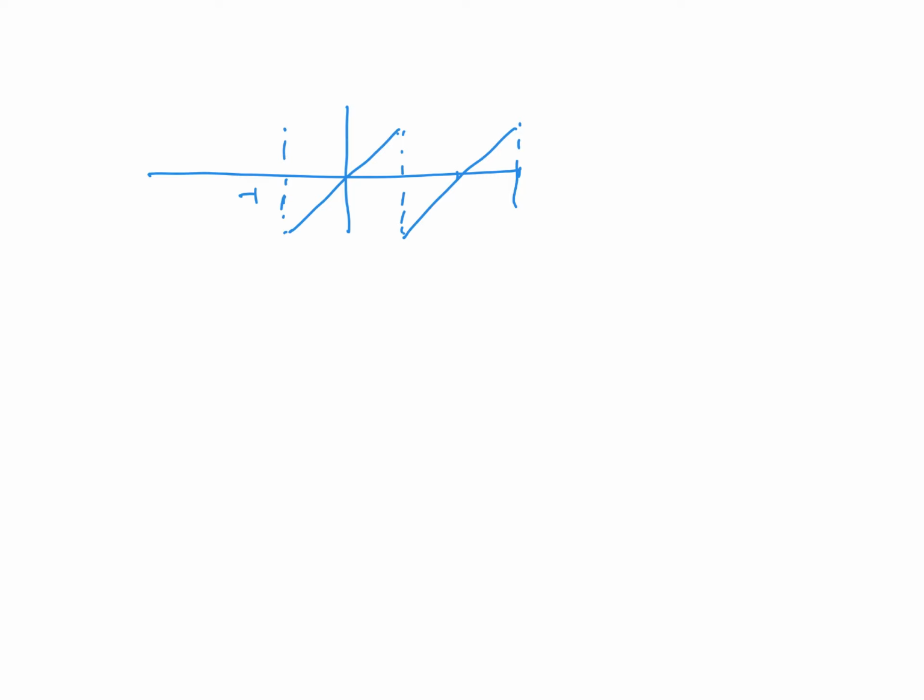Perhaps you have seen this in your electronics experiment, right? Have you seen this kind of shape? So this is f(t) equals t. So what would be the period in this case? T is equal to 2, right?